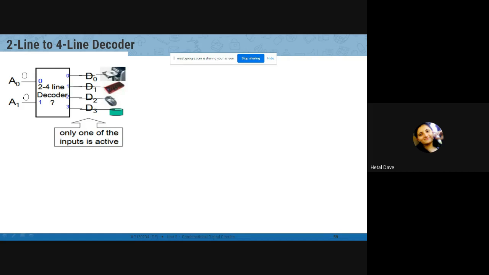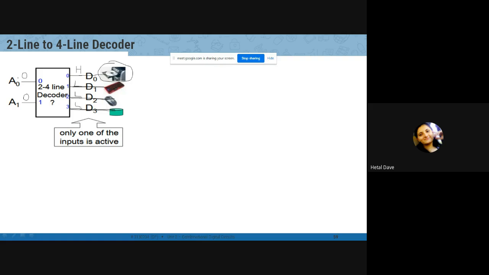Let's say I am going to give 0 0 here. Then this is the zeroth line. The zeroth line will have high voltage, and the rest of the lines will have low voltage. Although the physical wires are already connected to all these devices, still only this CD driver will be on, and the rest of the devices will be off.